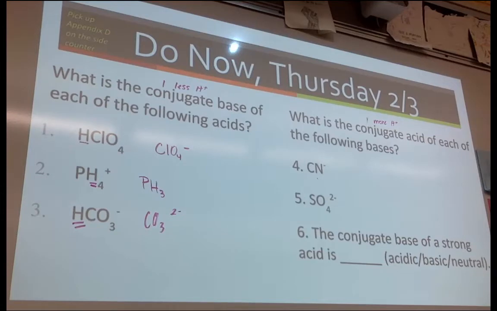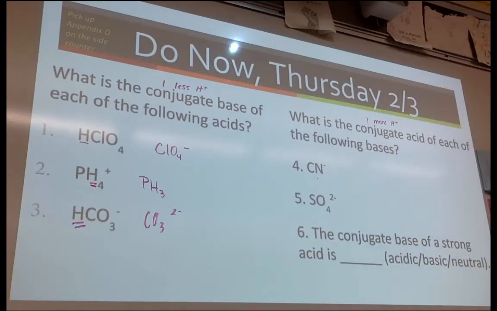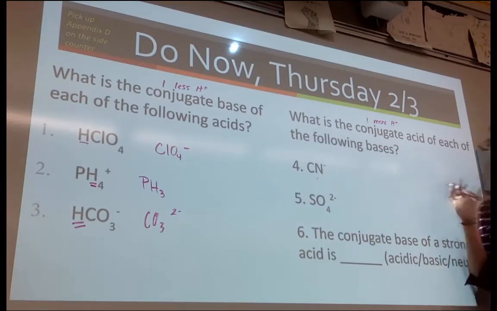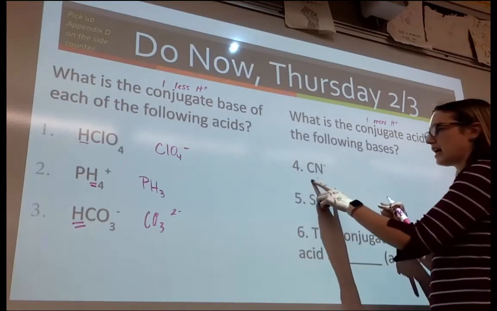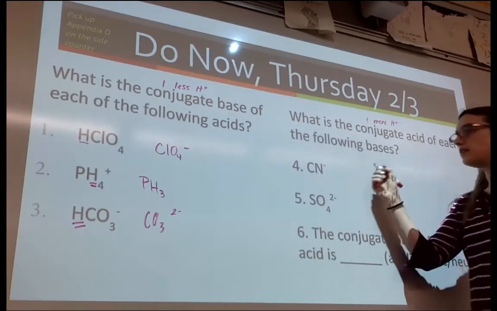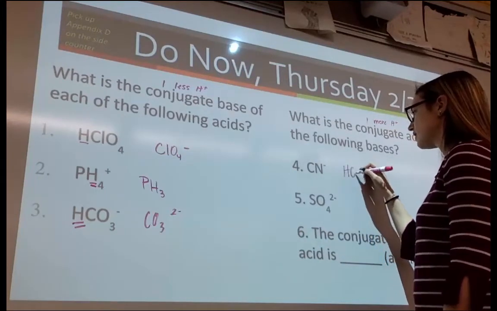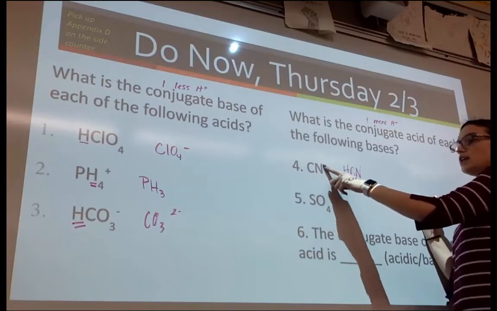Now for 4 and 5, this one's the conjugate acid. So the acid always has one extra H. Typically you're going to put it at the beginning unless you know that it's organic, which we looked at some examples of yesterday. We'll continue to look at examples like that. So for number 4, it's CN-. You're adding 1 H+. So you're adding an H to the beginning, so HCN, but then you're adding a +1.